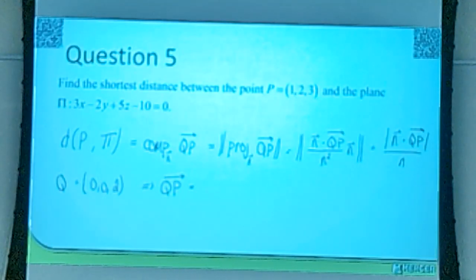Component form of QP. Remember, P is now your terminal point. Q is your initial. So it's 1 minus 0, 2 minus 0, 3 minus 2. What's the normal vector?